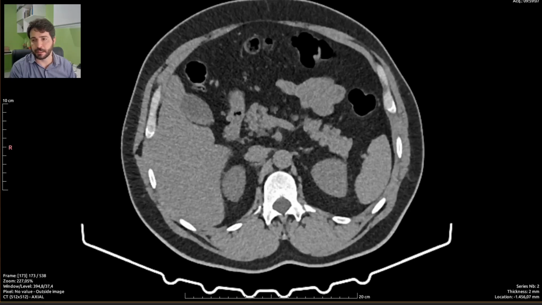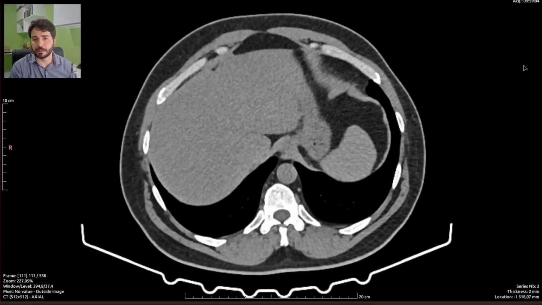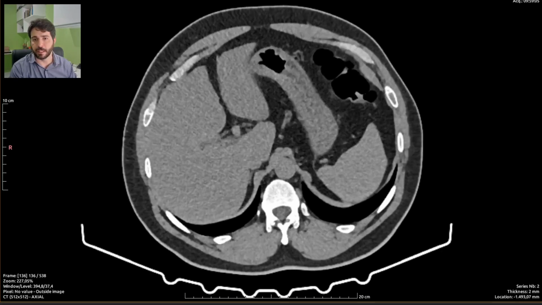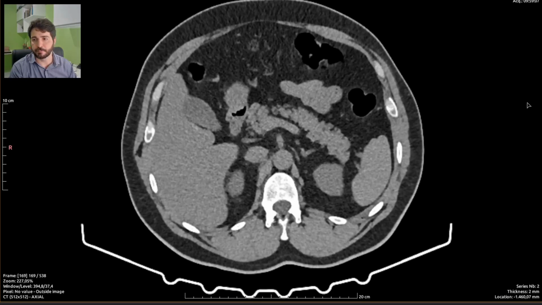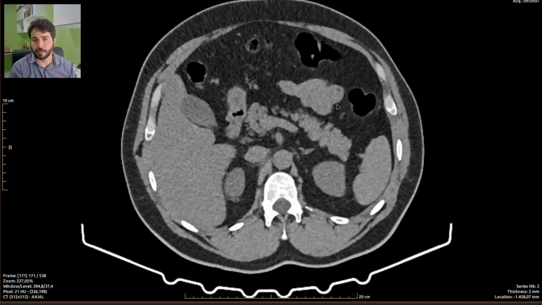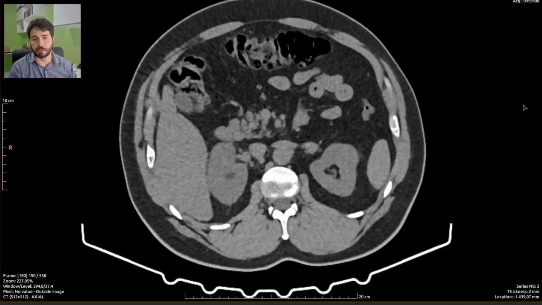The pancreas, as much as we can tell, is fine. This is the stomach, the gastric chamber, duodenum, bowel, and colon. So, what do we have here?